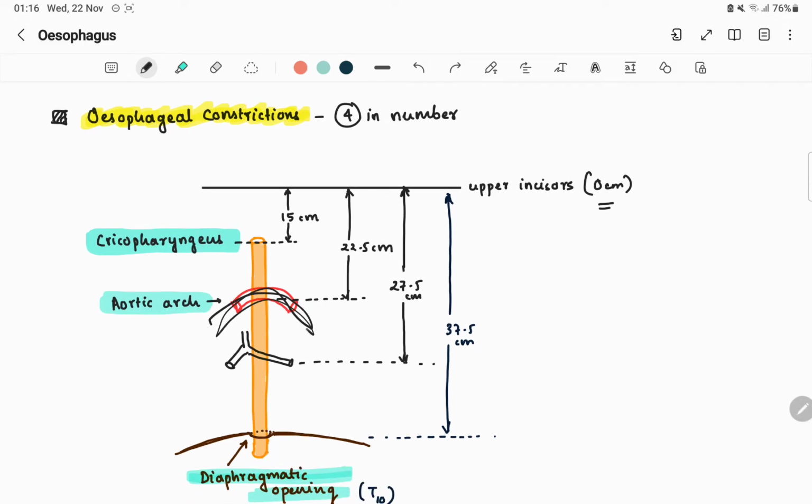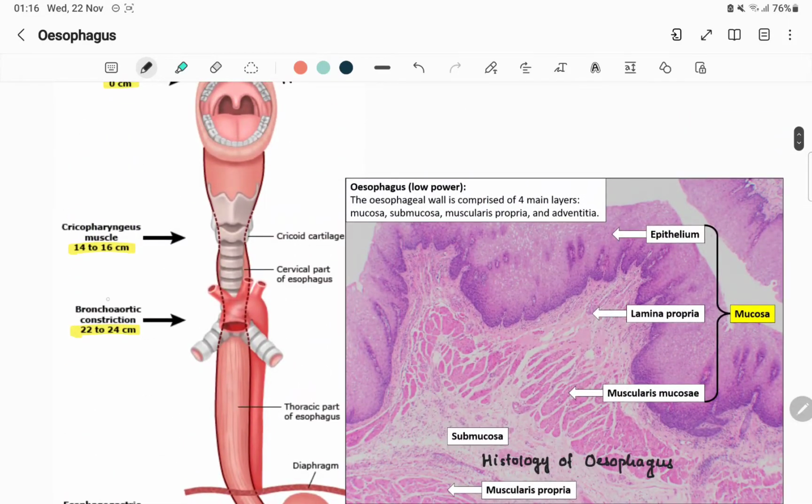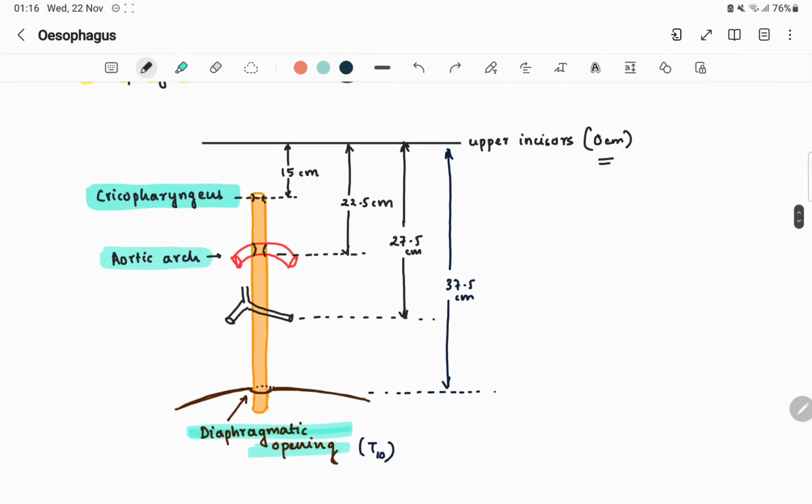At the level of the aortic arch, 22.5 cm, we have another constriction. You can see this constriction-like structure here, and this is called the broncho-aortic constriction.